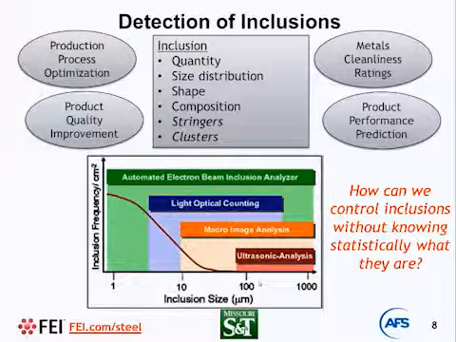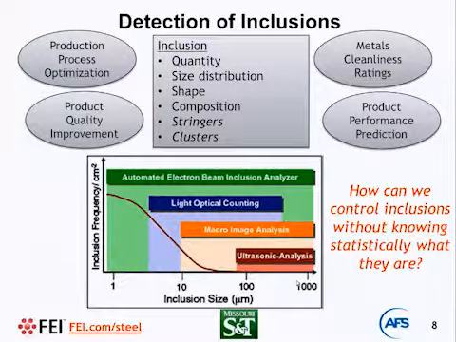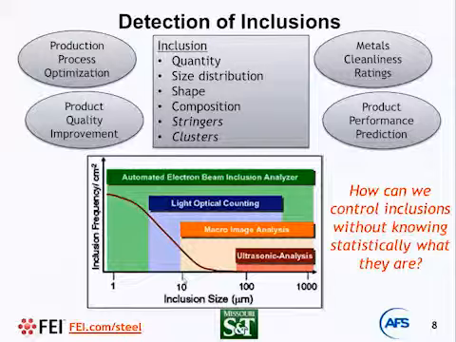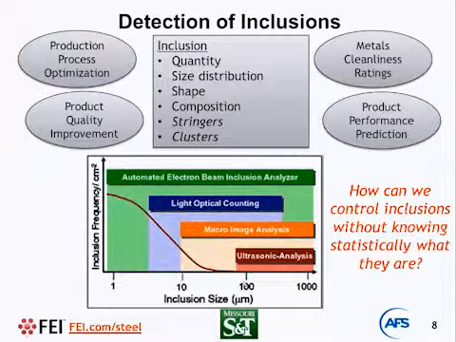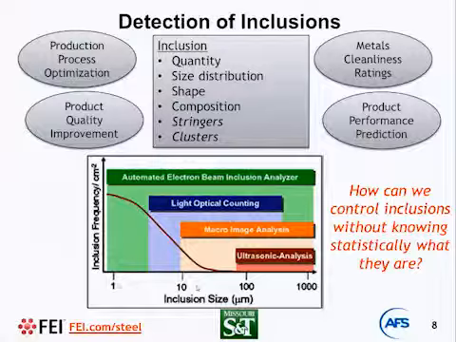Other optical methods can detect on the length scale of a few microns and above. And the automated electron beam inclusion analysis technology can cover from sub-micron size to over 1 millimeter.